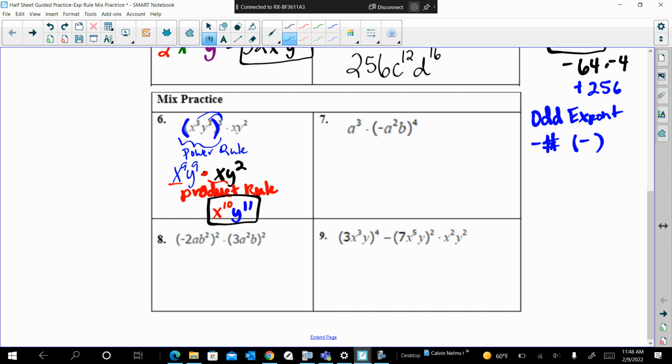So on number 7, where do we start? Anyone? Okay, I'll let you write it. When you start with the parentheses, you don't have parentheses anymore when you distribute the 4.